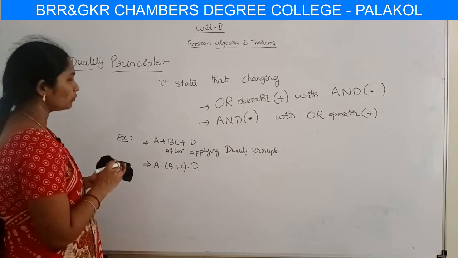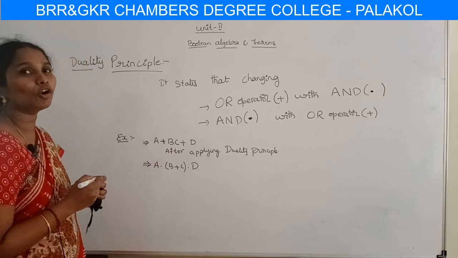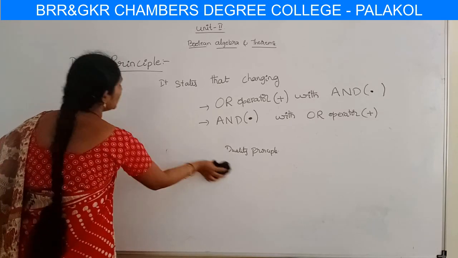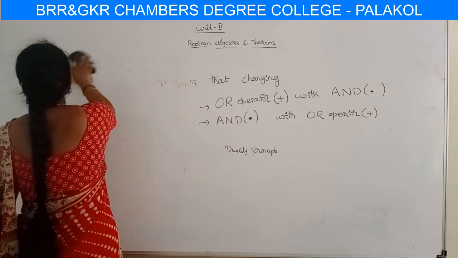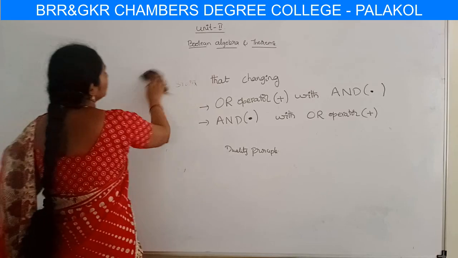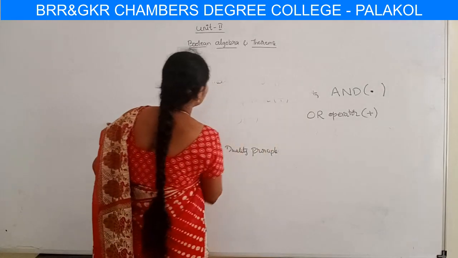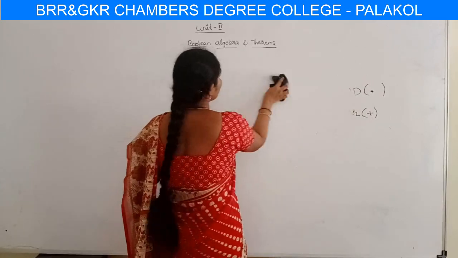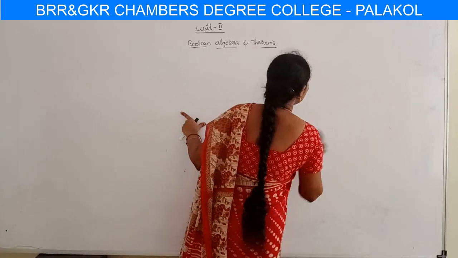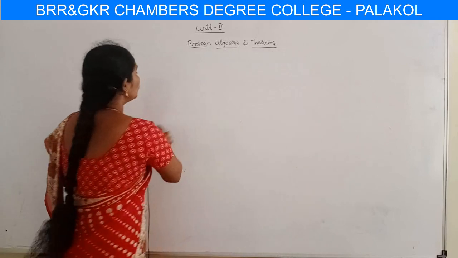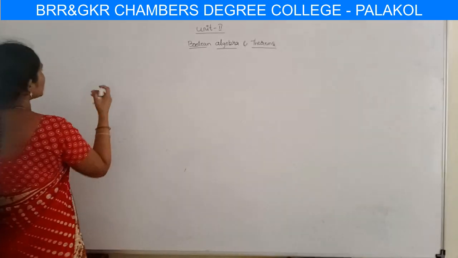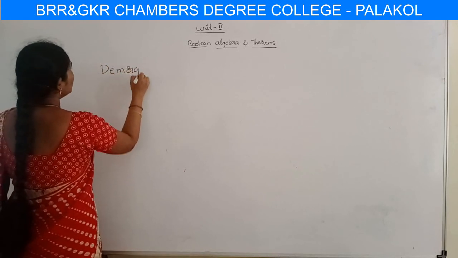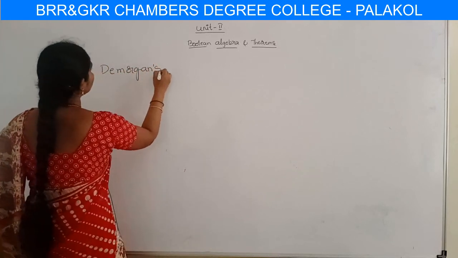Next we will move to De Morgan's theorems. Boolean algebra proposed two theorems, De Morgan's 1 and De Morgan's 2 theorems.